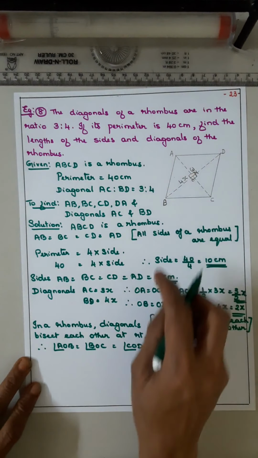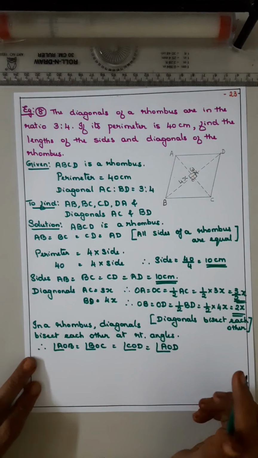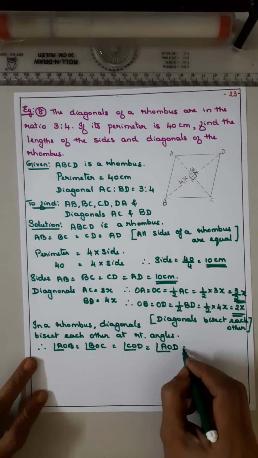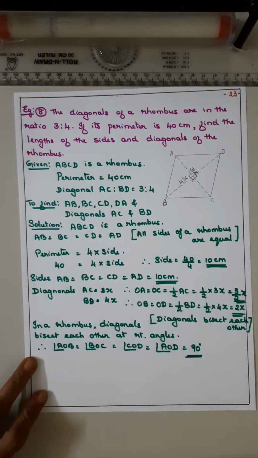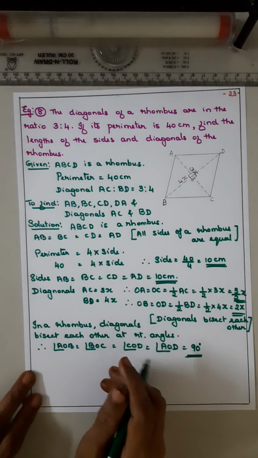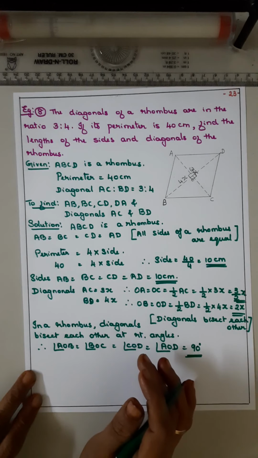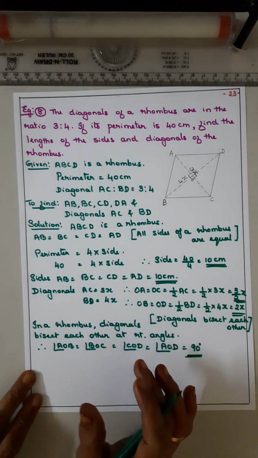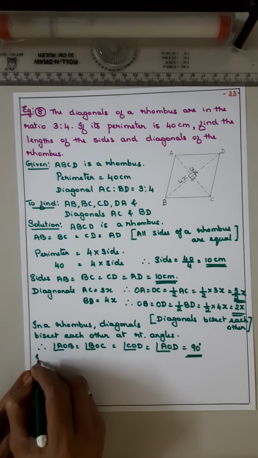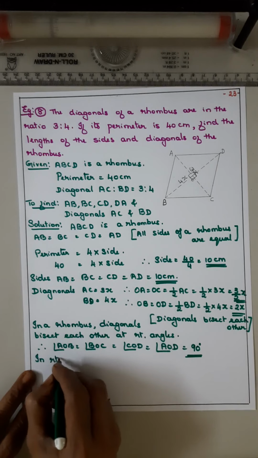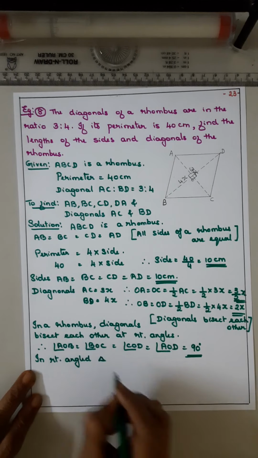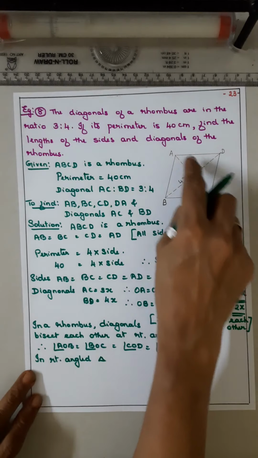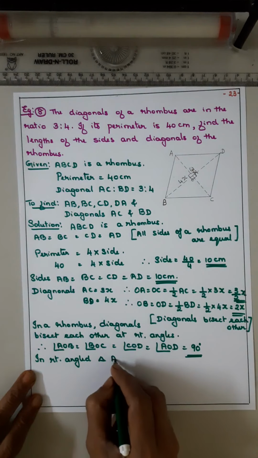So the four angles at the center become 90 degrees, bisected at right angles. Now, you have to take one right angled triangle. In right angled triangle AOB, you take.